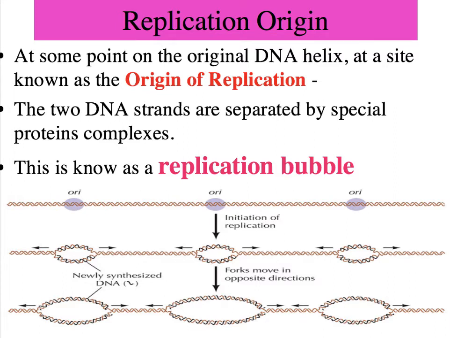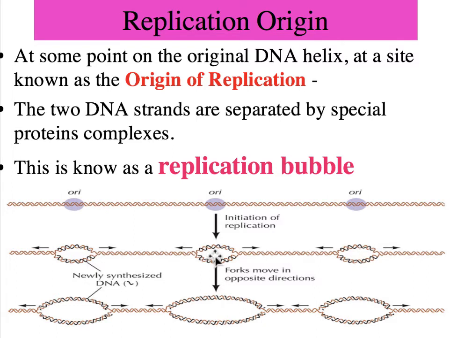In all living organisms, the replication of DNA begins with the generation of a replication bubble at a special location predetermined on the DNA where replication begins. And these predetermined locations are known as origins of replication. So here we have a chromosome with 3 origins of replication. At the appropriate time, when replication is initiated, bubbles form at these locations on the DNA helix.